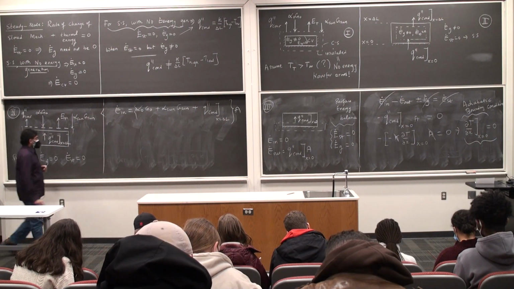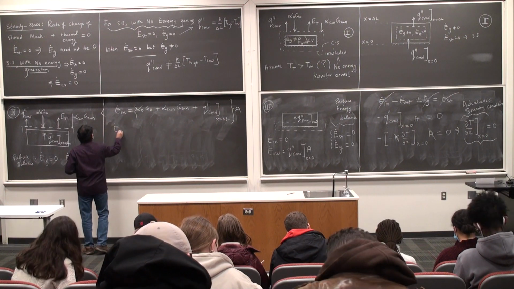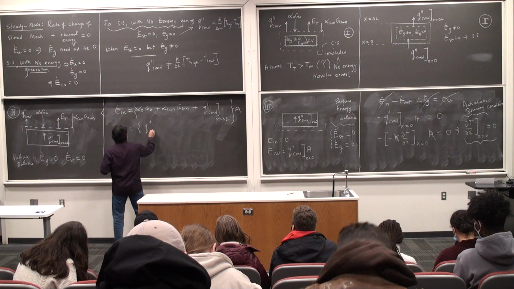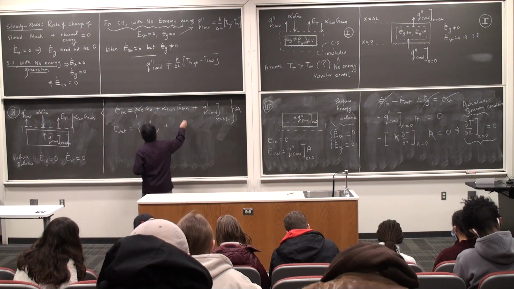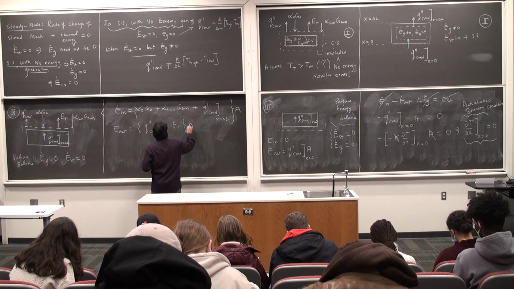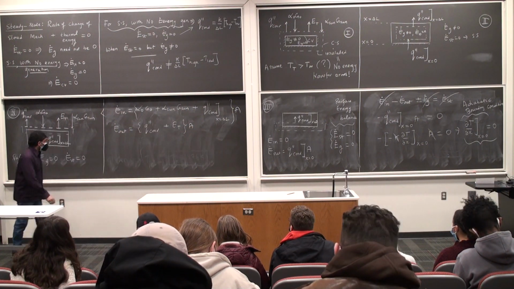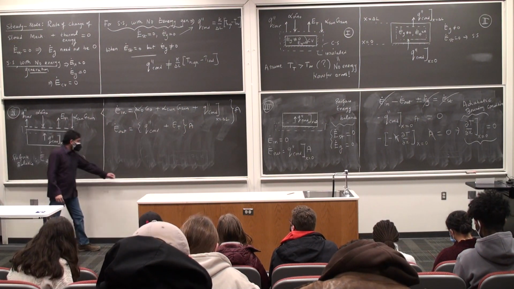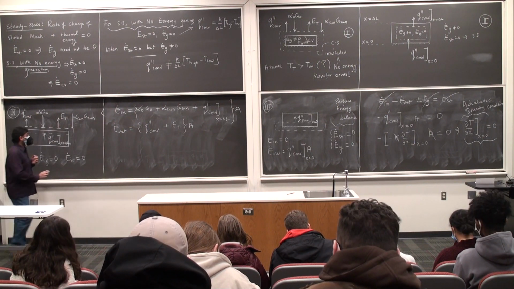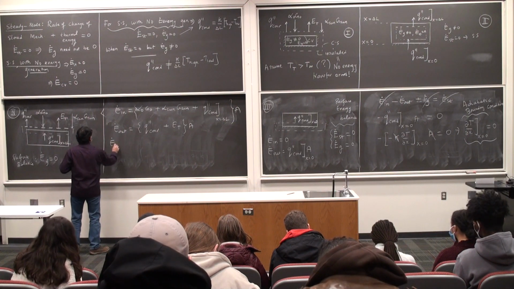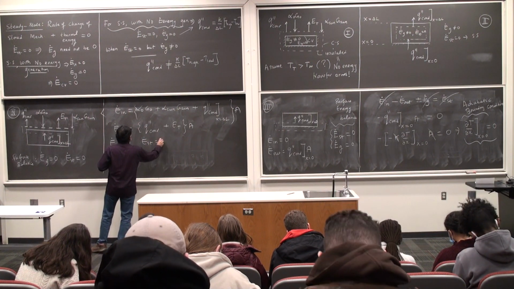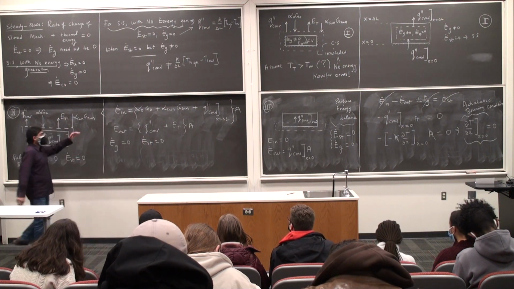E dot out, like before, is q double prime convection, E suffix T, multiplied by the area. E dot G is 0, E dot stored is 0, so you write your energy balance. E dot in becomes equal to E dot out.